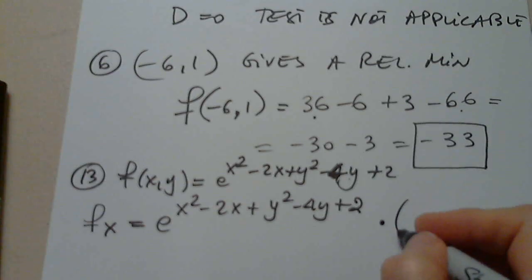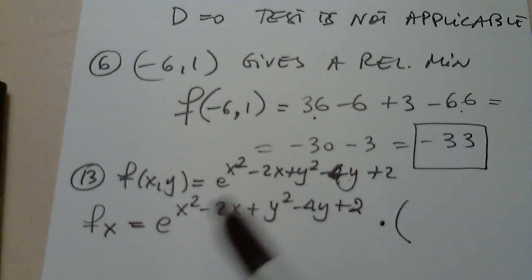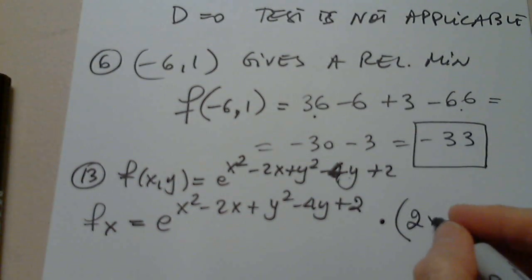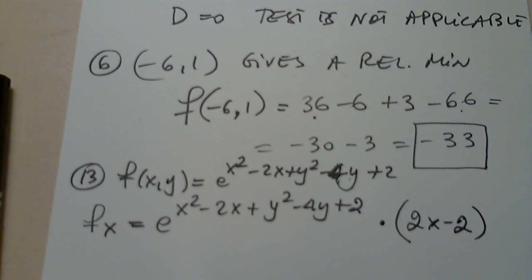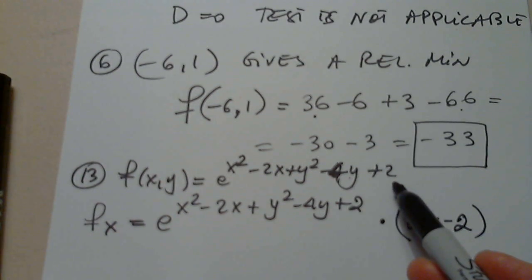So in parentheses, all this function has to be differentiated with respect to x only. So what do we have? Would it be 2x minus 2? Very good. This is it, 2x minus 2. This doesn't have x, this doesn't have x, this doesn't have x.